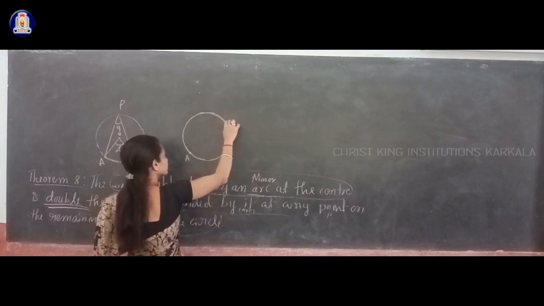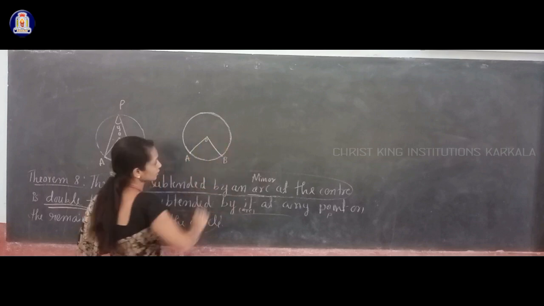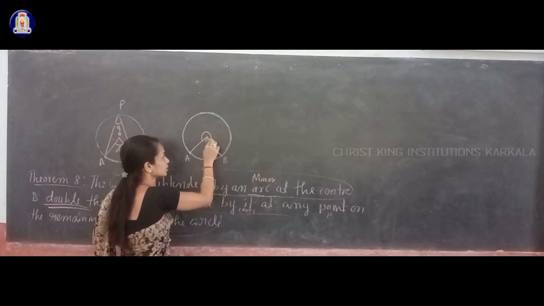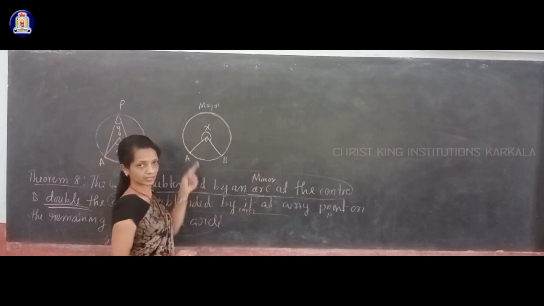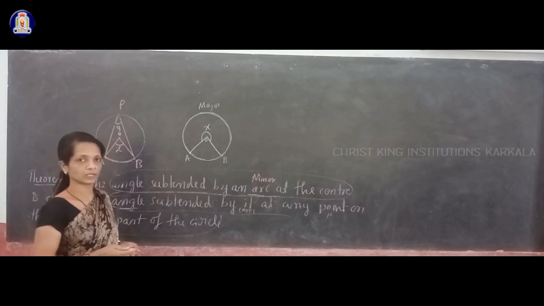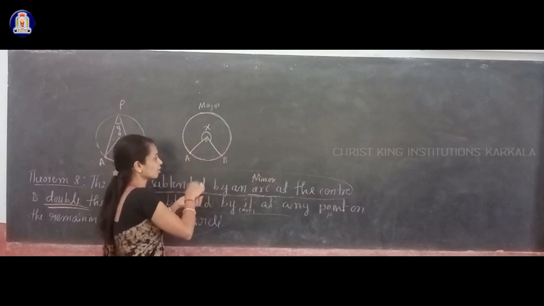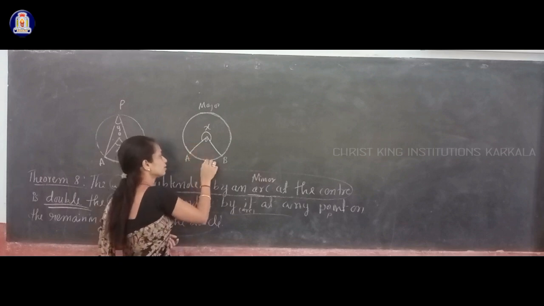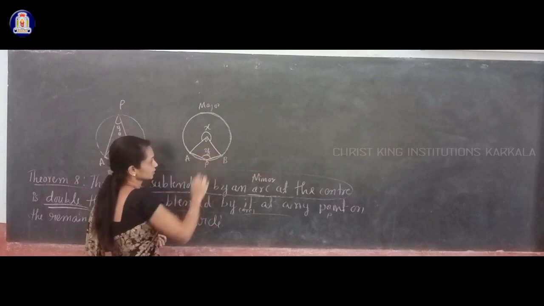This is the major arc, the upper side, and the center of the circle we take as O. If you join the end points of this major arc with the center of the circle, the angle formed on the major arc side, I will take as angle x. And you take any point P on the remaining part of the circle. If you consider the major arc, then the remaining part of the circle is the minor arc side. On that side, if you take one point, any point P, then you join that P with A and B like this. Then this angle, I will take as angle Y.